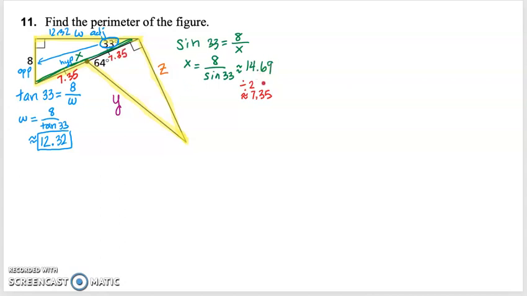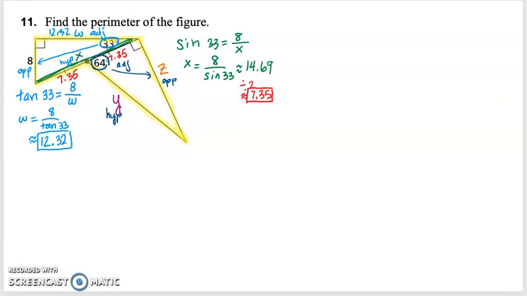So now we need to find our other two side values here. So looking at that 64-degree angle, and with respect to that, this side here, 7.35, would be the adjacent side. Y is the longest one across from the right angle, so that one is the hypotenuse. And then Z is the one that's not touching 64 degrees, right across, so that would be the opposite side.